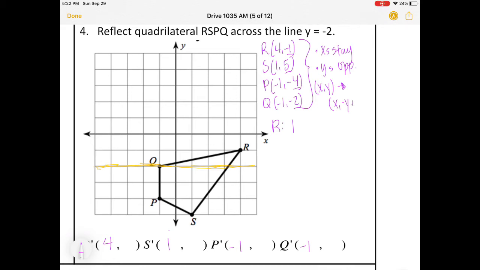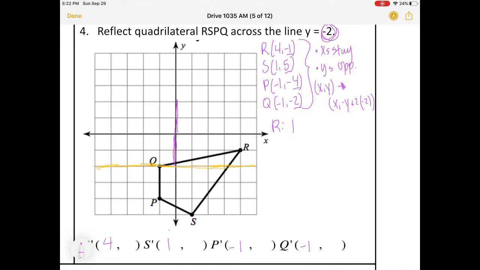And then I'm always going to add 2 times whatever the reflection location was. So that's going to be 2 times negative 2, all right? We do 2 times it because, since it's a reflection, it's 2 away on both sides. Like it'll be 2 on this side of the x-axis and 2 on that side, which actually makes it 4 away.